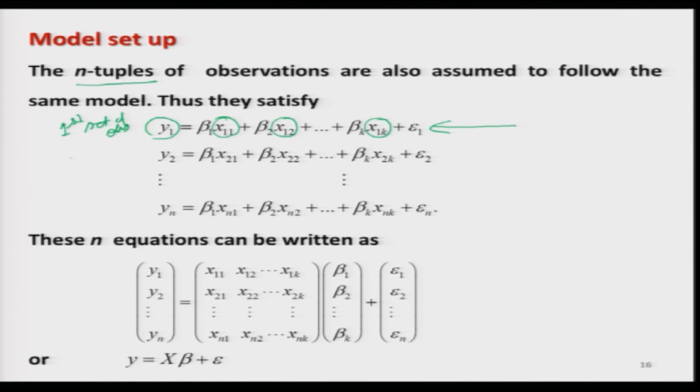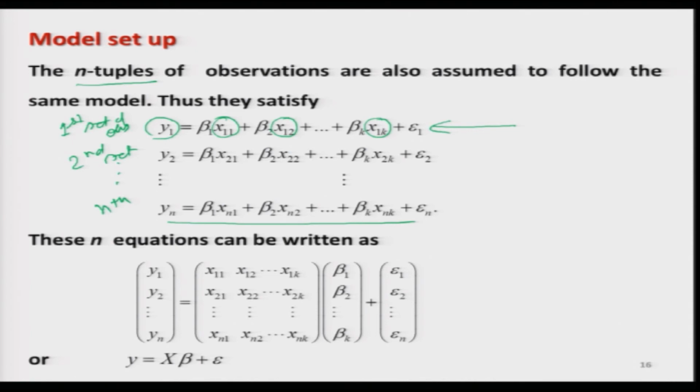Similarly, the second set of observations, up to the nth set of observations, follow the same model. And now I try to write down these equations in terms of vectors and matrices.